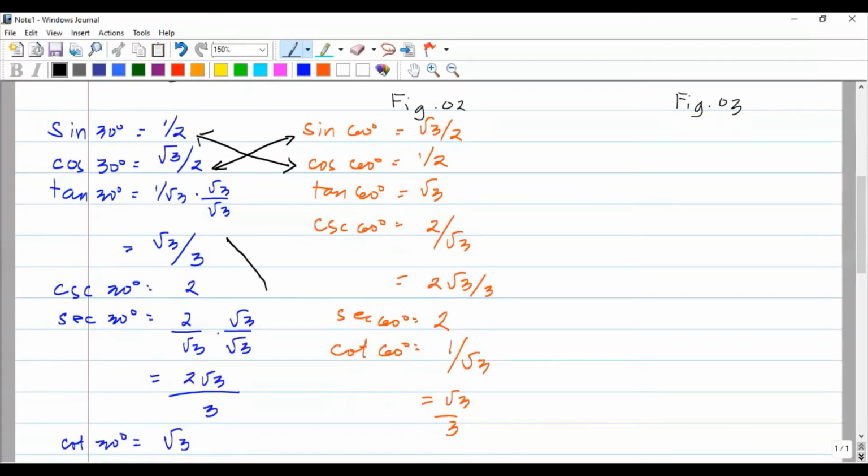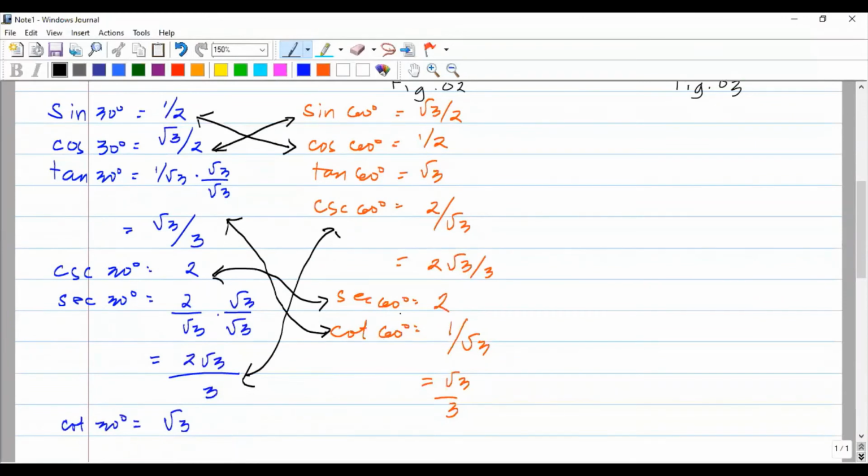So the tangent 30 degrees and cotangent 60 degrees are also equal. The cosecant 30 degrees is the same as the secant 60 degrees. And the secant 30 degrees is the same as the cosecant 60 degrees. And lastly, we have the cotangent 30 degrees paired with the tangent 60 degrees.